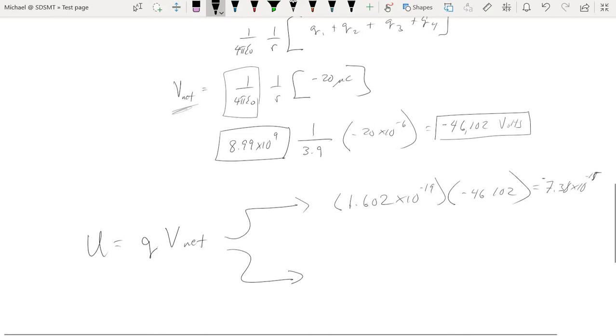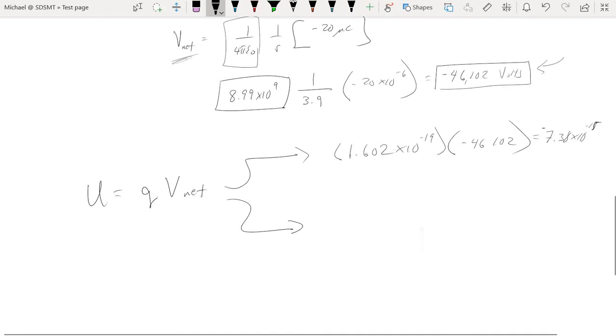And in case you were wondering, yes, it is possible to have a negative potential energy. Just like up here, it is possible to have a negative potential. But as we said, there's another way to represent the energy, and that is to use the electron volt as your unit.